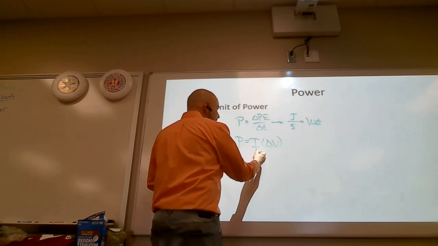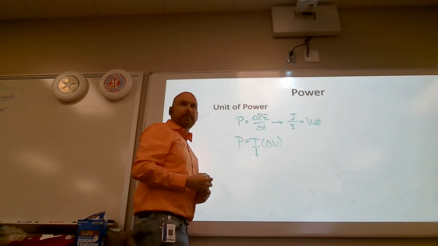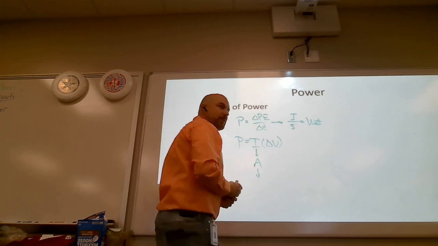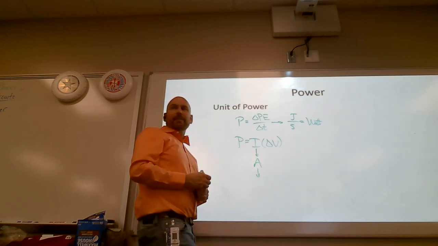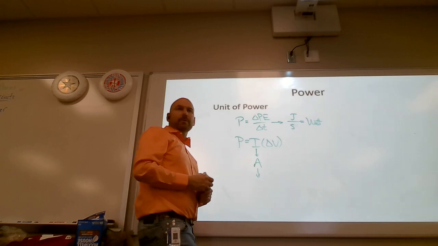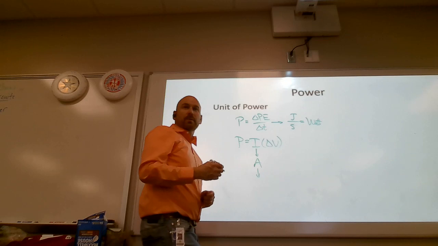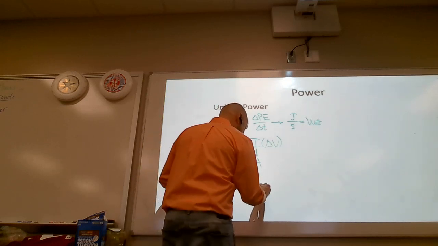Okay. What is the unit for current? What do we measure current in? Amps. Which comes from what units? What makes up an amp? What type of units? Coulombs over seconds.